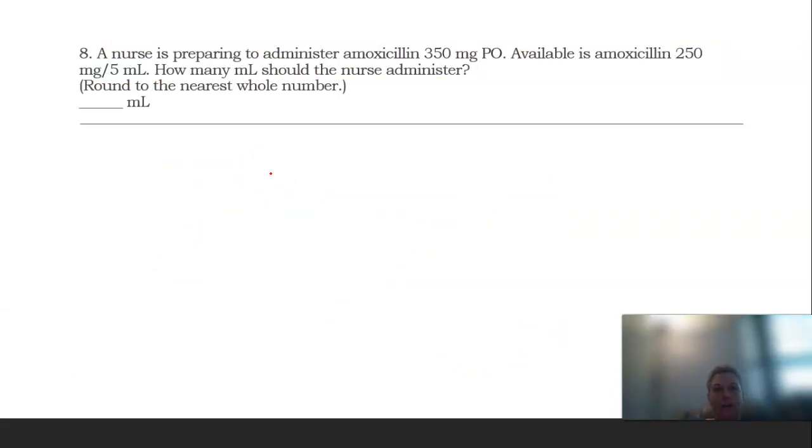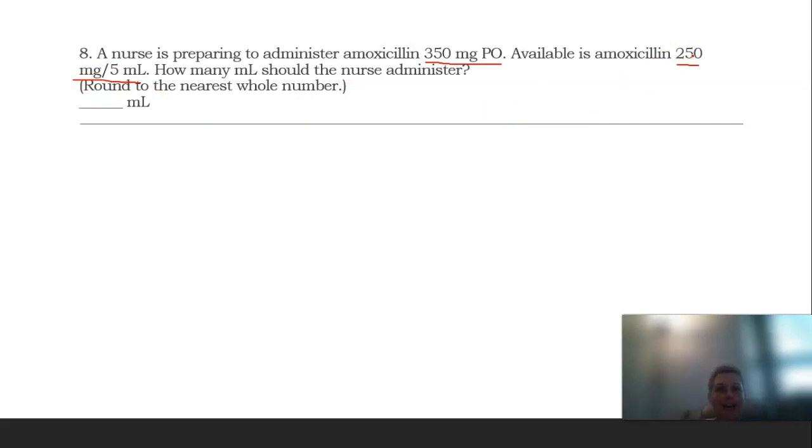Okay, look at this one. Here's my amoxicillin. It's an antibiotic again. Can I not say 5 divided by 250 and know how much is in each 1 mil?